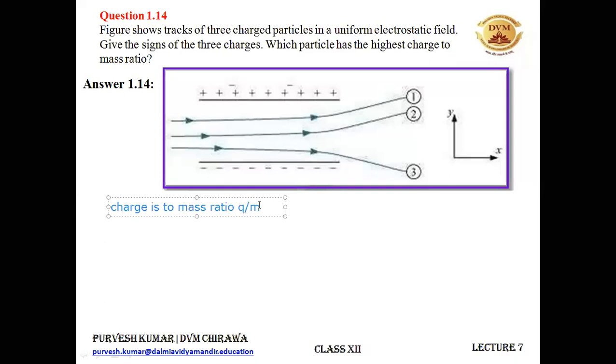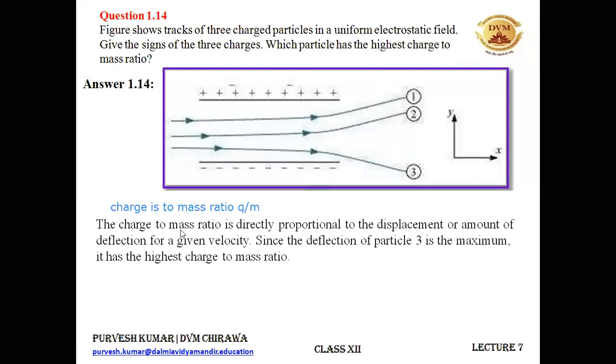So for this Q by M, when Q is more, the deflection is more. When M is less, the deflection is more. So you can see which particle is having more deflection. Particle 3 is having the highest deflection. It is deflected very severely. So the highest value of charge to mass ratio is for particle 3.